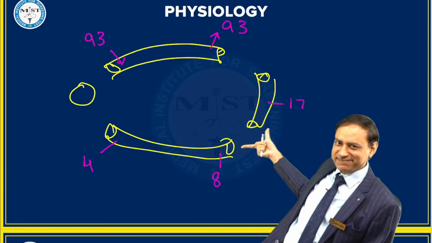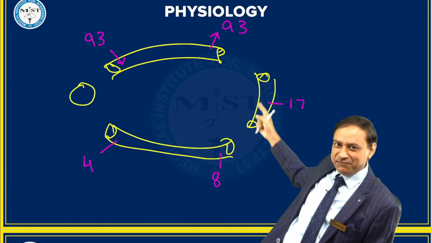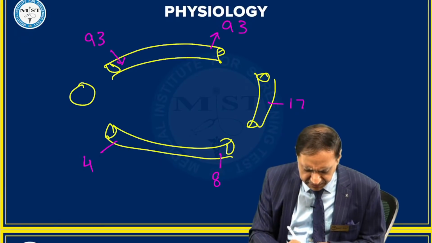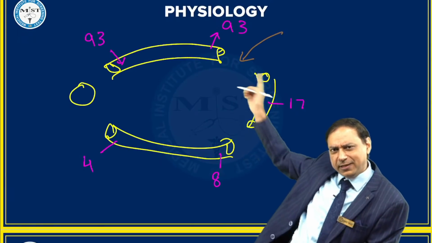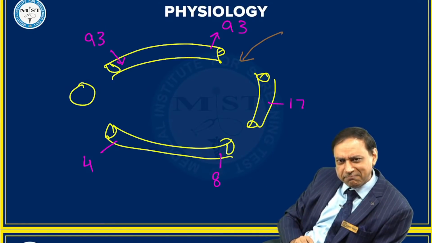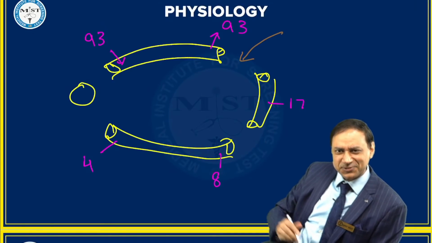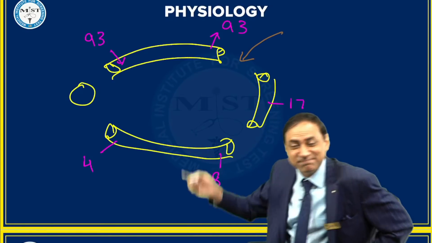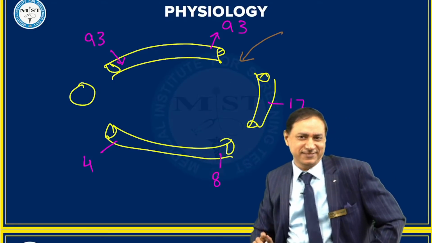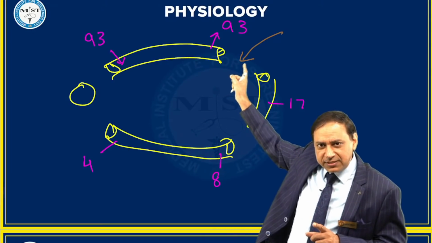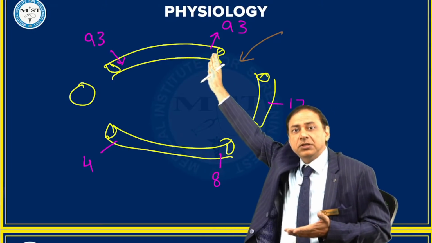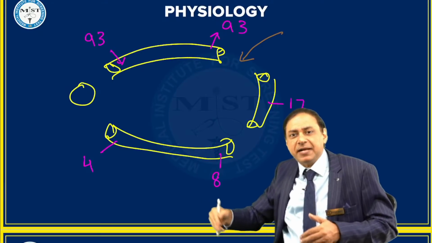Here also less pressure drop. Where do we have the maximum pressure drop? Maximum pressure drop occurs here, in the arterioles. So where do we have the resistance? Arterioles. Why is there more resistance in arterioles? We can see here, because there is maximum pressure drop.